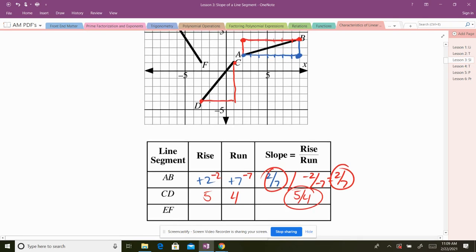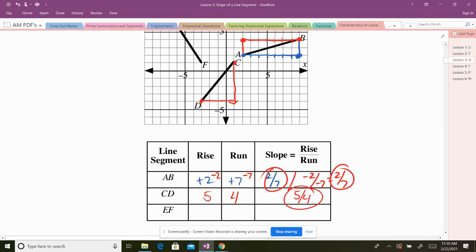For this one? At least. Which way did you go, Charlotte? You went C down. So 1, 2, 3, 4, 5 down. No, you count 1 to the next one. Okay, does that make sense?